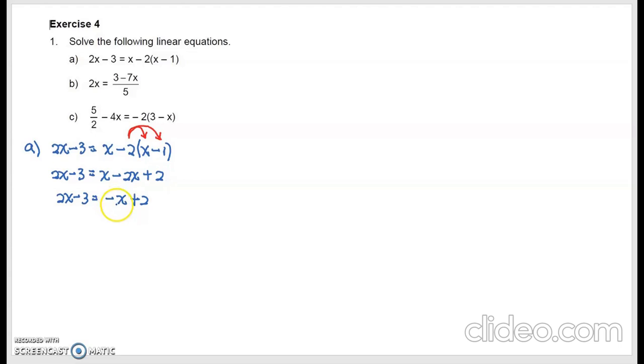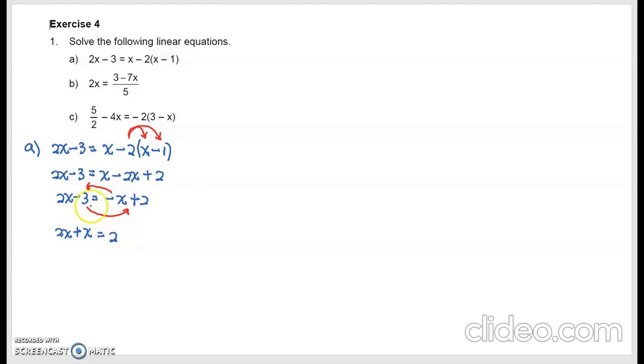Next, we try to isolate x and the constant. What does it mean? I move negative x to the left hand side and negative 3 to the right hand side. I try to put x together and constant together. So next step from here, we should have 2x plus x, since negative x when moved to the left hand side becomes positive x, is equal to positive 2.